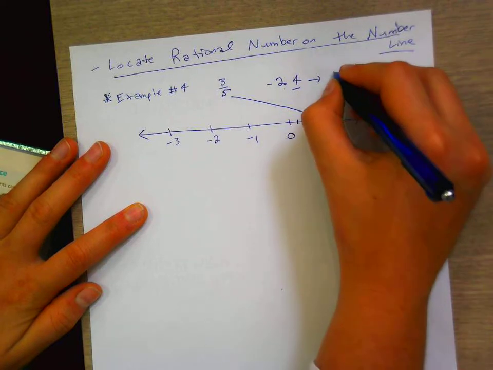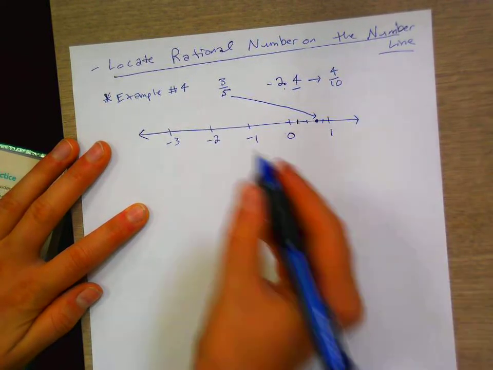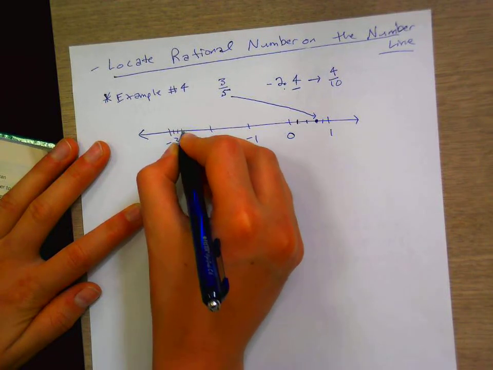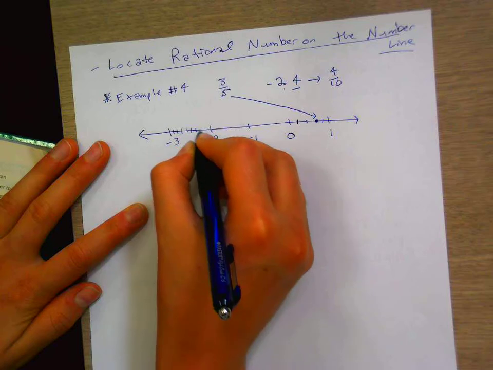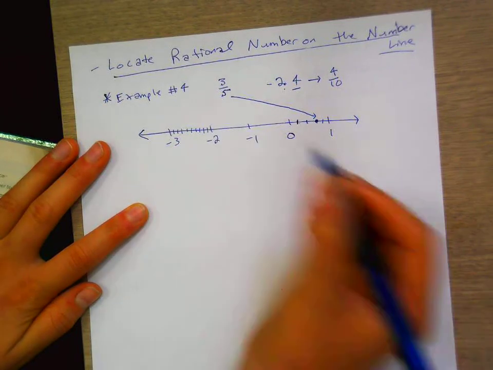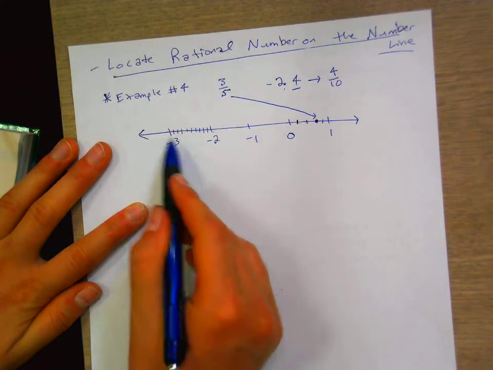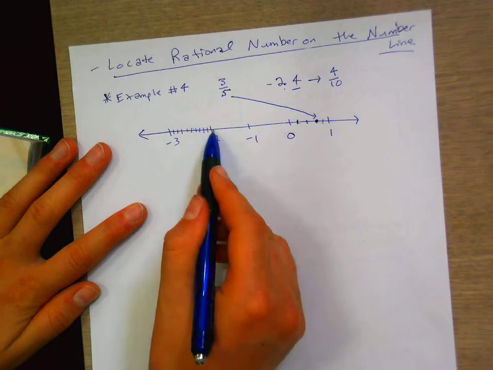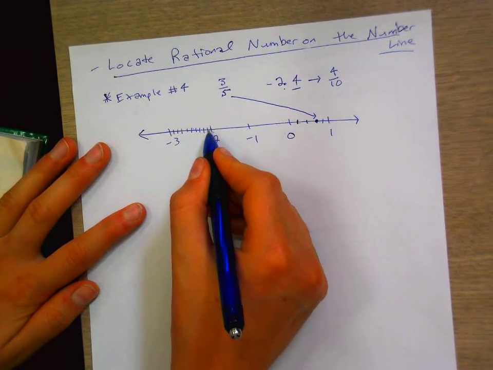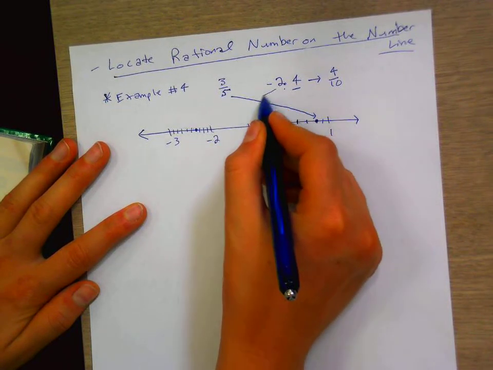Now we have 10 on the denominator, so we can divide this into 10 spaces. 1, 2, 3, 4, 5, 6, 7, 8, 9, 10. This will be located on the 4th after 2. Remember not to count from the 3, you're counting from the 2, going away from 0. So 1, 2, 3, 4. And negative 2.4 will be located right here on the number line.